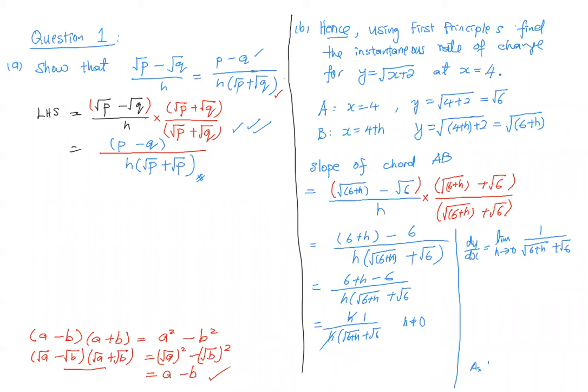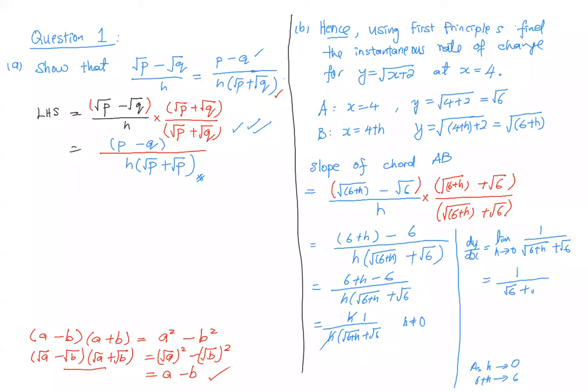As h tends towards 0, 6 plus h will tend towards 6, correct? Am I right? Yeah, Gladys. Yes. So my answer will be 1 over square root 6 plus square root 6.